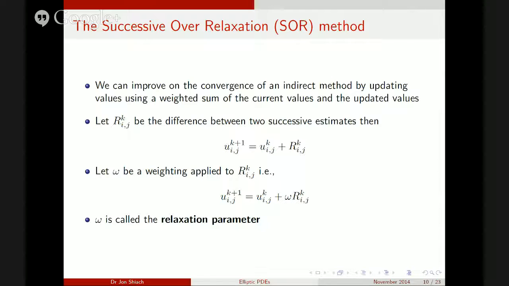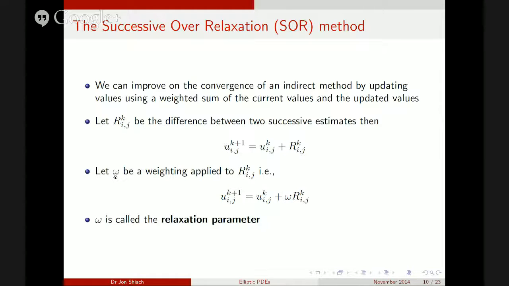The k+1 estimate is equal to the kth estimate plus your difference. And this is where we bring in omega. That thing that looks like a W is lowercase omega.